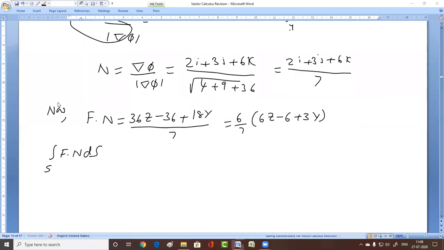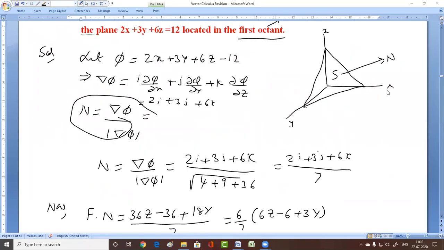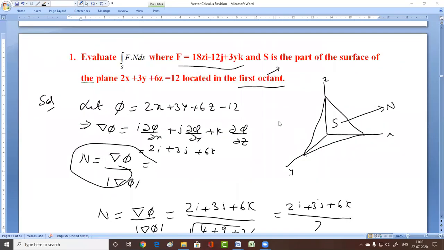I will erase this one. First we will find the ds value, then we will discuss integration. Up to this I will repeat again. For evaluation of integral f dot n ds, first we will find the n value.